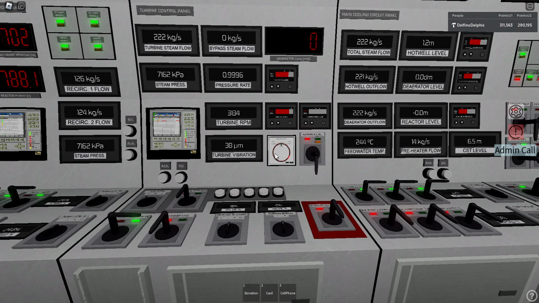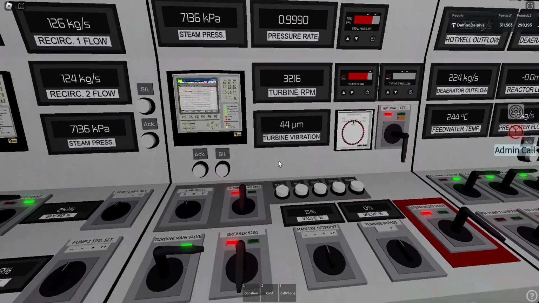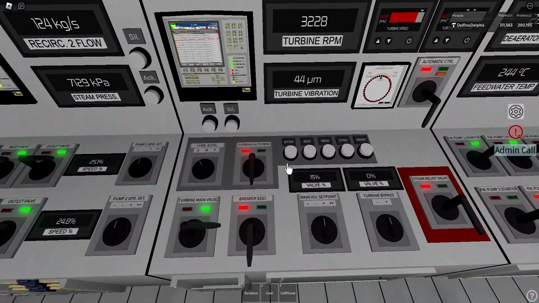You can do it without the synchroscope, and I really encourage you to do it manually because this is probably one of the first things you should learn to do manually, to synchronize the turbine. But if you really give up, you can use the auto control here too. You can just select 3600 and enable, and it will do it for you.